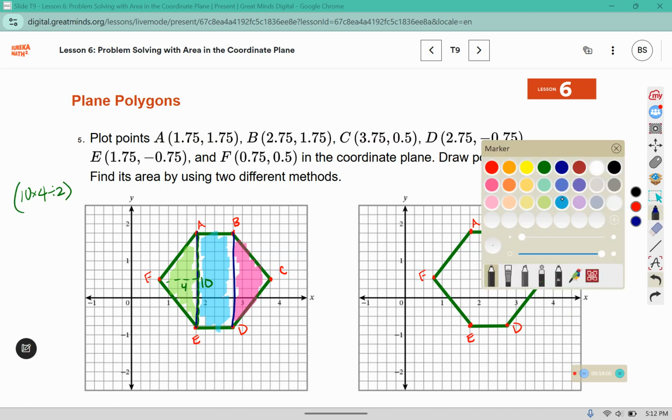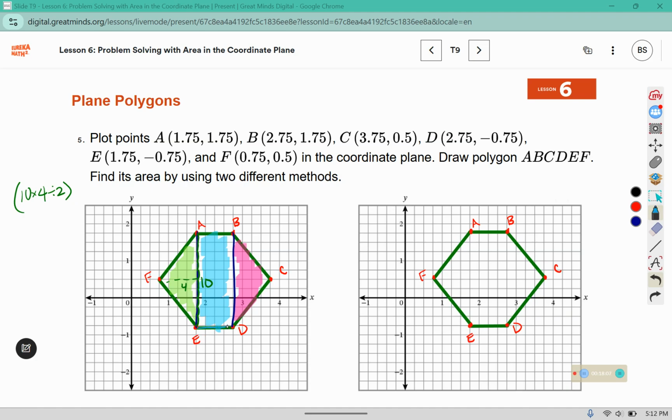The blue rectangle has a base of 4 and a height of 10. Remember, rectangles do not get split into two parts. Then this pink triangle also has a base of 10 and a height of 4.